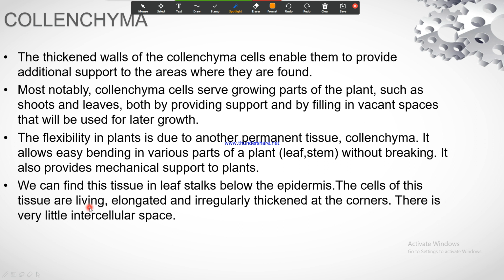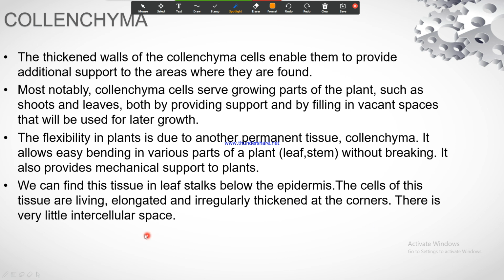Definitely collenchyma tissues are living, they are not dead, and they are elongated, meaning the cell structure, if you observe, is longer, a tubule-like structure, and irregularly thickened at the corners. When one cell and another cell are grouped like a tissue, thickness is deposited especially at the corners of the cell, and that thickness is nothing but pectin and hemicellulose.